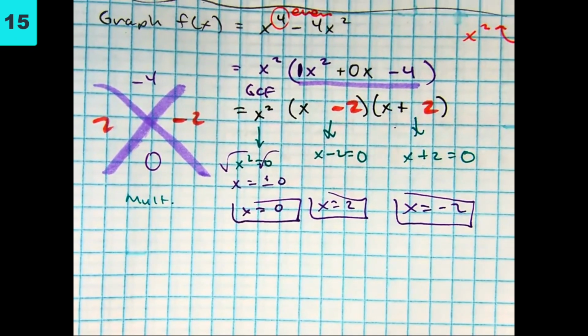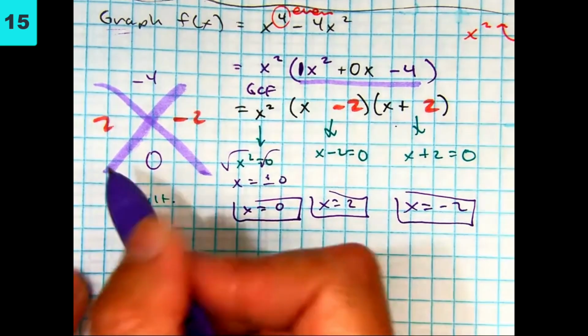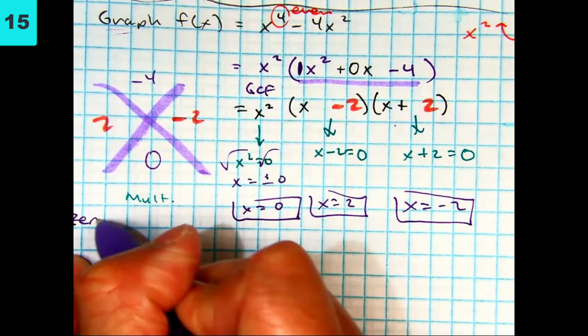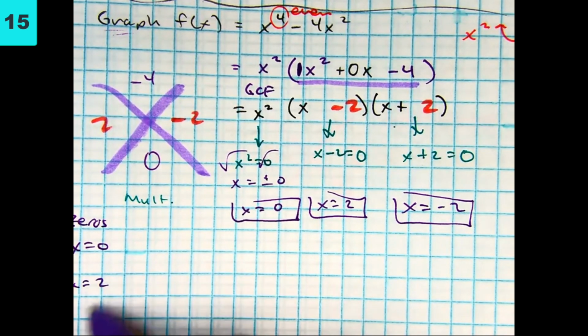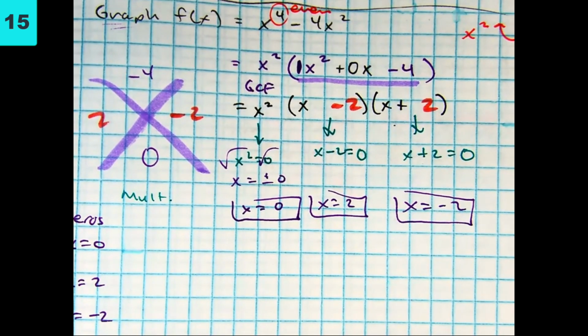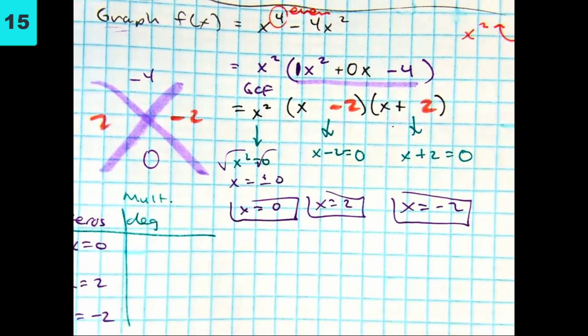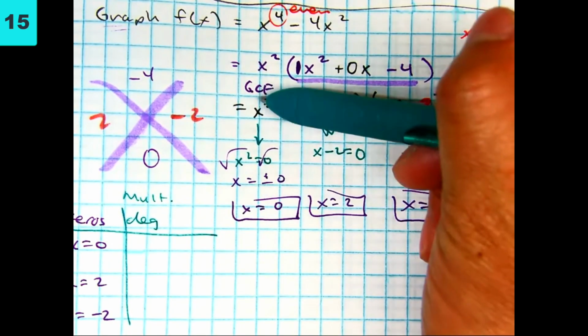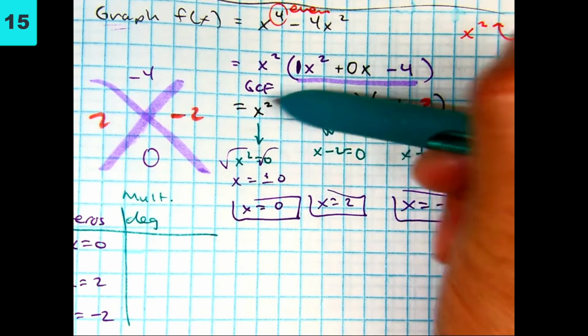So again, I asked you not just to factor it, we are graphing it. In order to graph it, I figured out my multiplicity. These are my zeros. So I have x equals 0, x equals 2, and then x equals negative 2. Now we need to think about its degree. This one has a degree of what, class? 2.